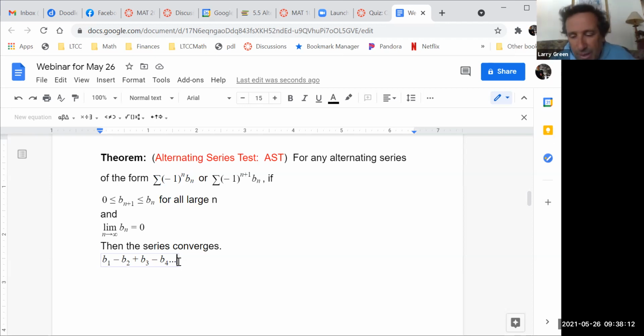So then I'm going to go plus b 1,000, and then minus b 1,001. And now I'm going to put in parentheses. Doesn't make a difference, but it makes it easier to see. And I'm going to actually put brackets here.